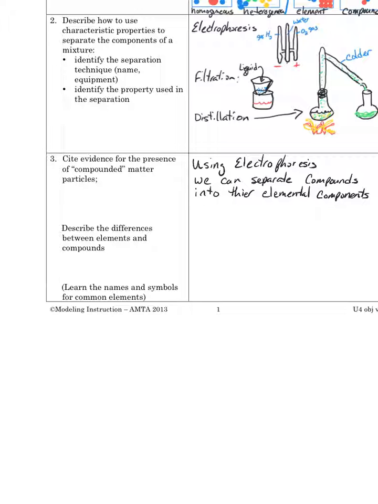Describe the difference between elements and compounds. Elements are made of only one type of atom.